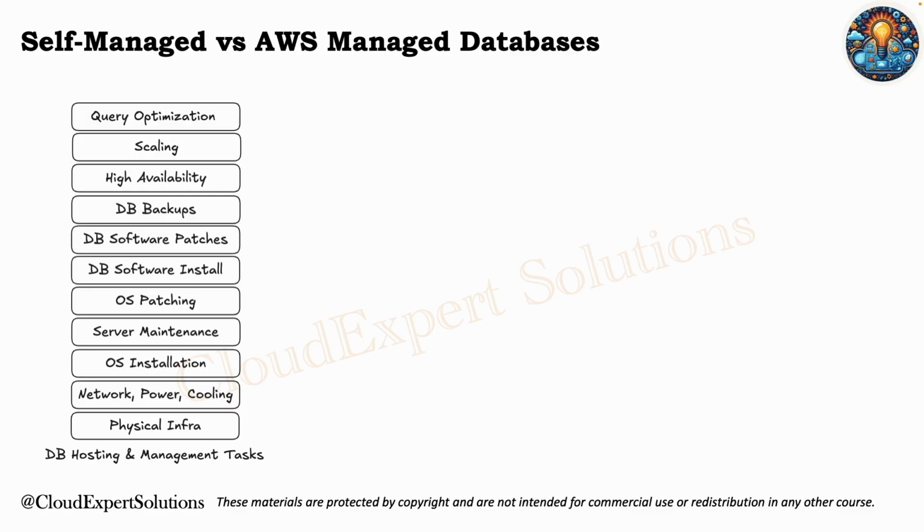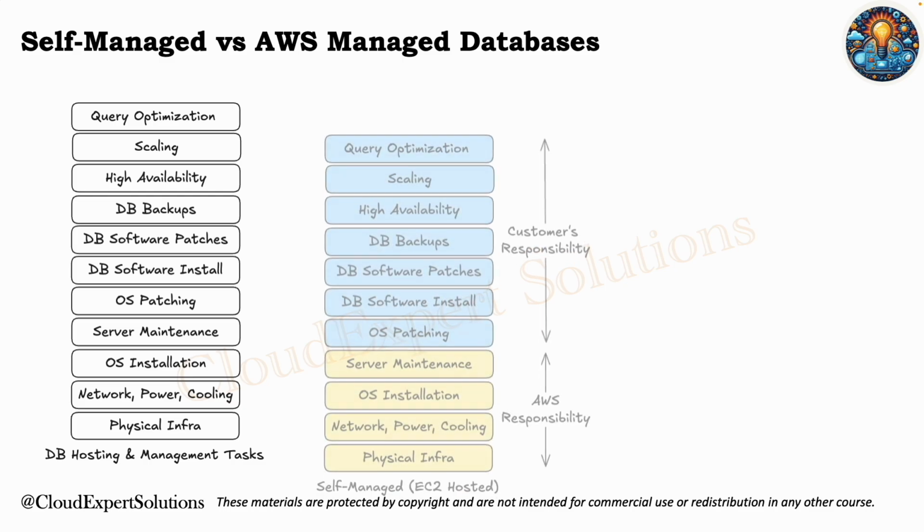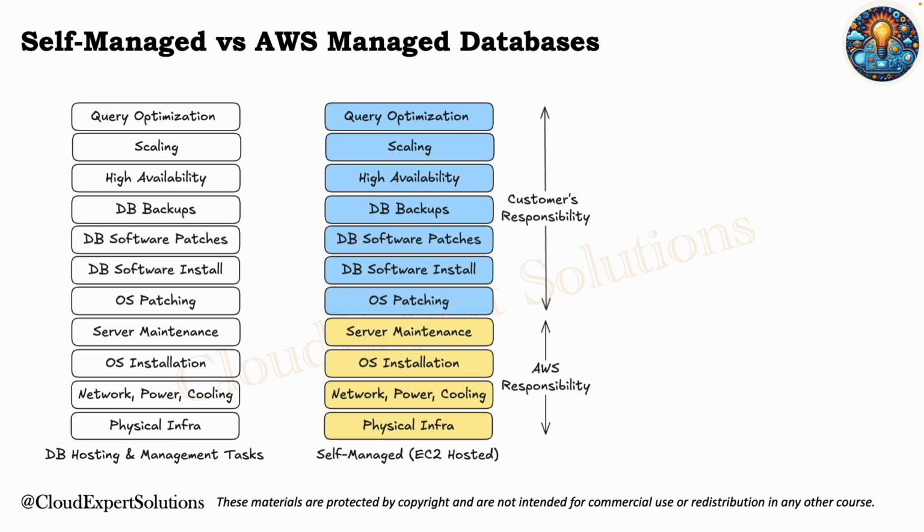When you host a database on Amazon EC2, you are offloading some part of your activities like managing physical infrastructure, network, power, cooling, OS installation and server maintenance to AWS, but still you are responsible for all the DBA related tasks like OS patching, DB software install, DB software patches, database backups, high availability, scaling and query optimization.